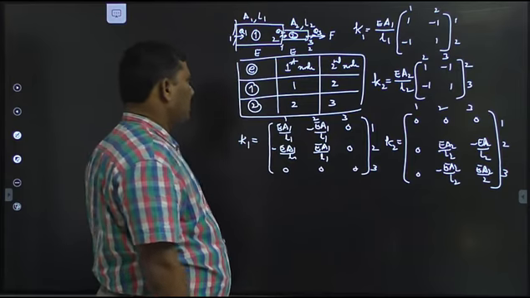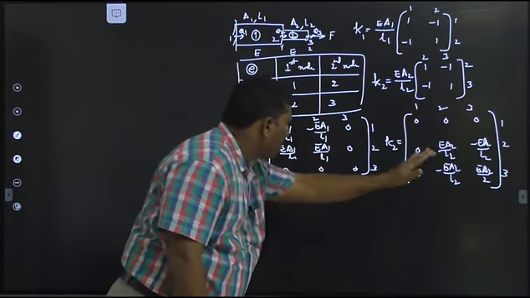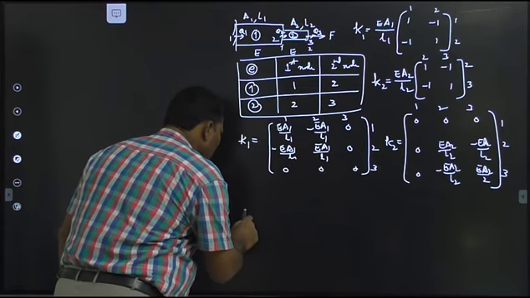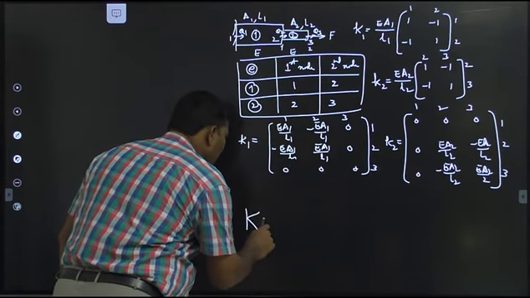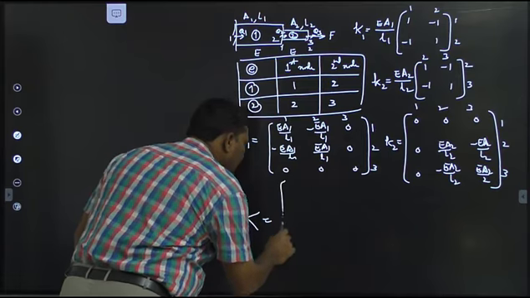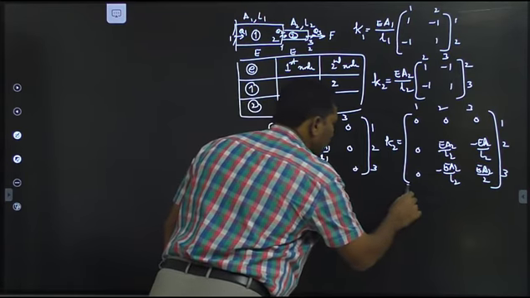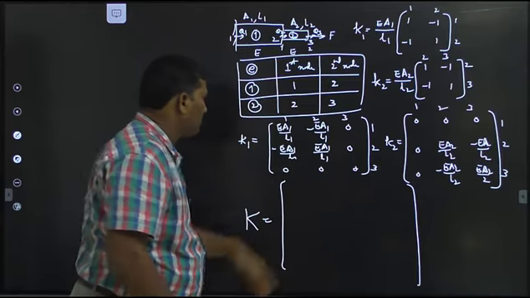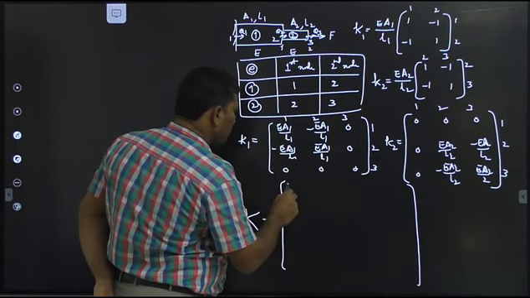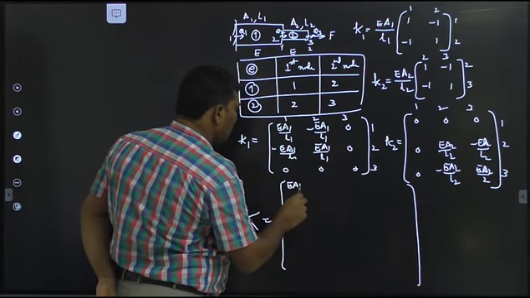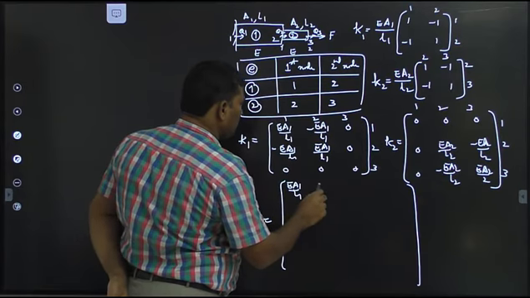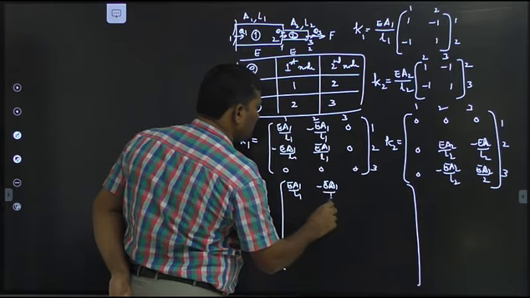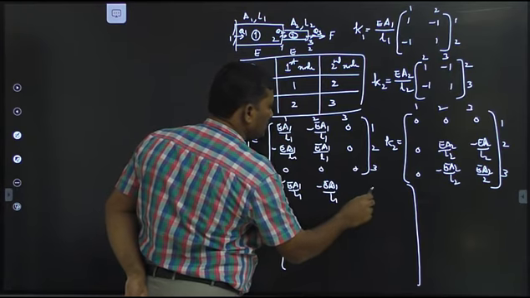Now, how do you get the global stiffness matrix? Simply the sum of these two. You get capital K. Capital K is simply a matrix of size 3 by 3. Sum up simply. What do you get? EA1 by L1, next minus EA1 by L1, next 0.